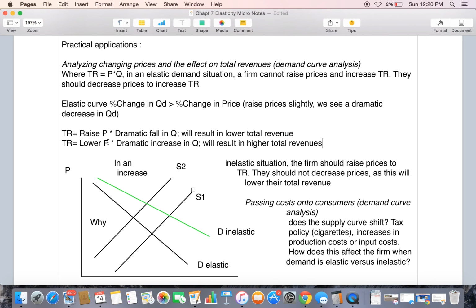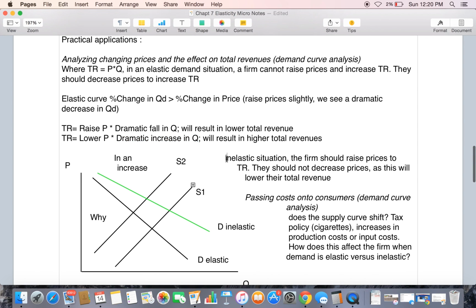If we have a little bit of a price drop and we see a large increase in quantity, this large increase in quantity will make up for the lower price that we're charging, and that will result in higher total revenues. If we have an inelastic curve, the firm should raise prices to increase total revenues.